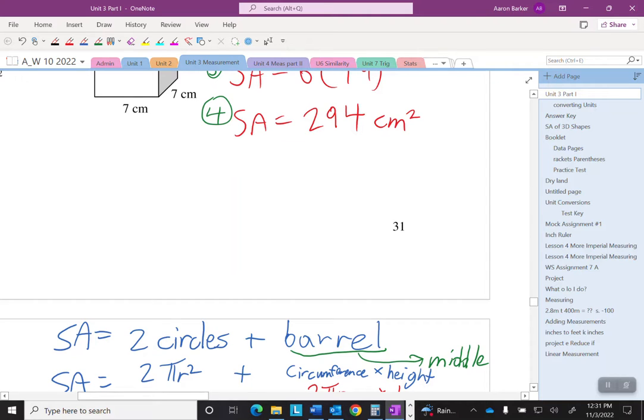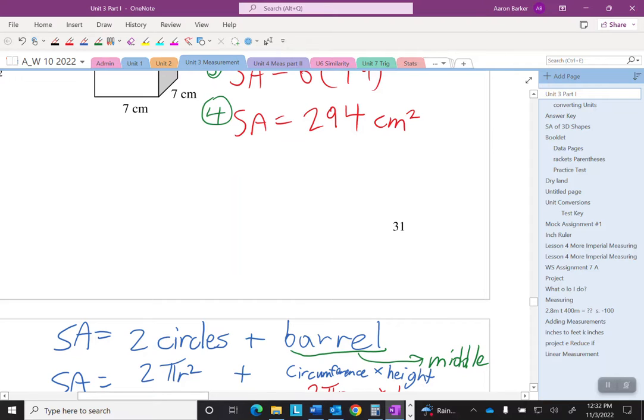I'll cut it off straight, as straight as I can. What kind of shape is that? Perfect rectangle. Okay? So it's a perfect rectangle.